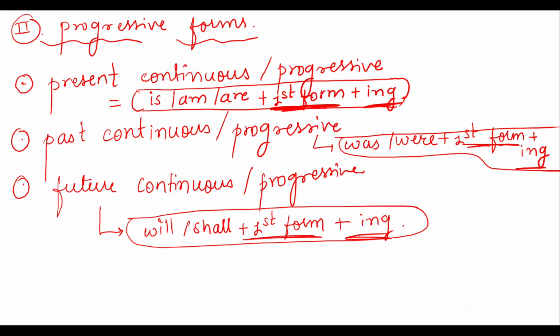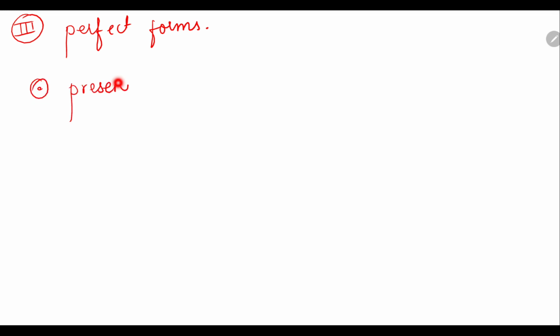The next form that we'll be studying is the perfect form. Third one is the perfect forms. Okay, so in this perfect forms, the first one is present perfect tense.